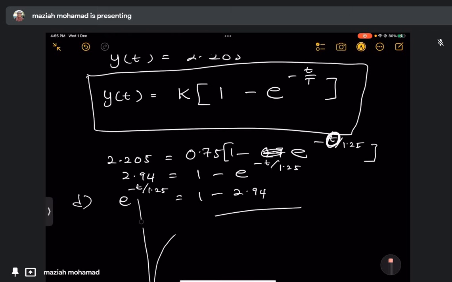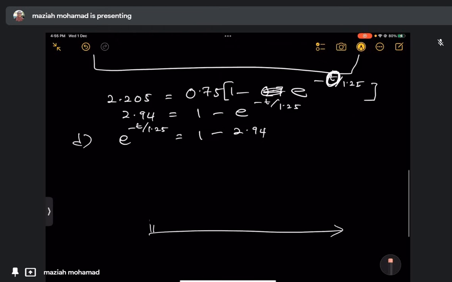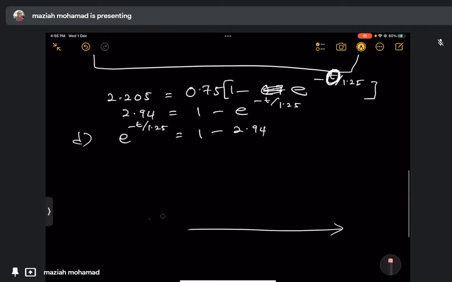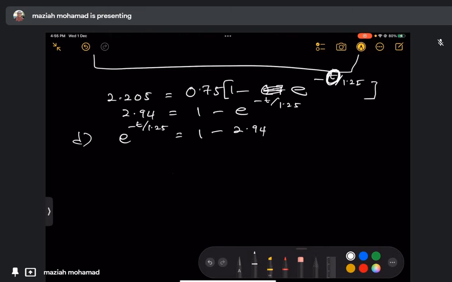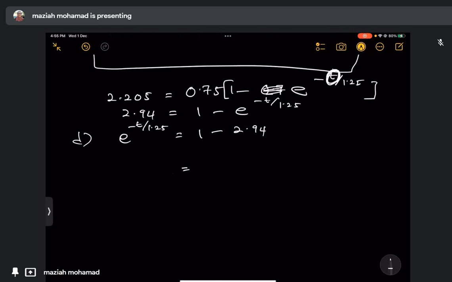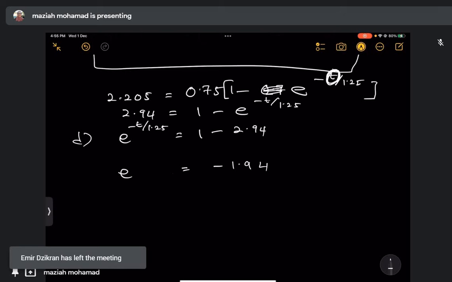Negative 1.94. Okay, berapa? 1 tolak 2.94 negatif. Negatif 1.94. So ini eksponen negatif T over 1.25.